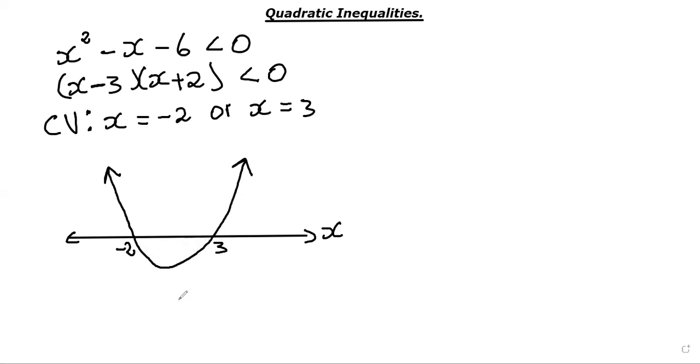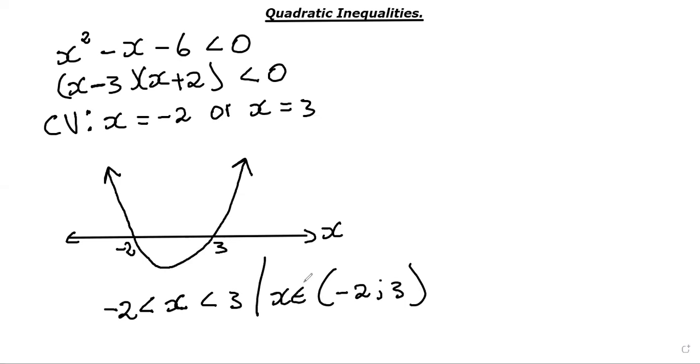How do you say between in mathematics? You say any value of x that is less than 3 but greater than -2. Of course, I know some of you don't appreciate the inequality sign. In that case, you can say it's any value of x from -2 all the way to 3 in interval notation. And then you should be fine and happy with this one.